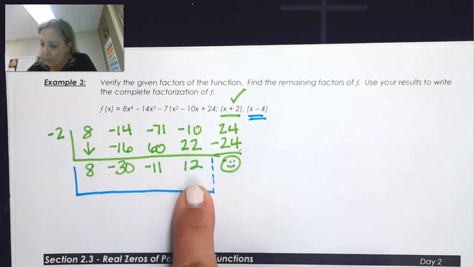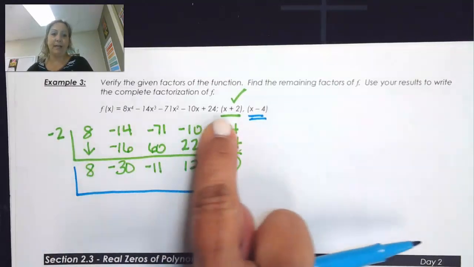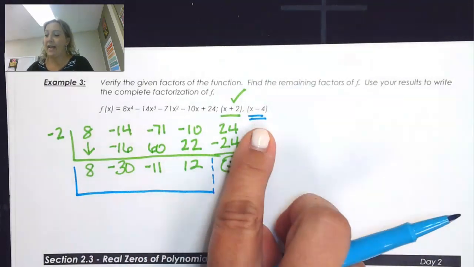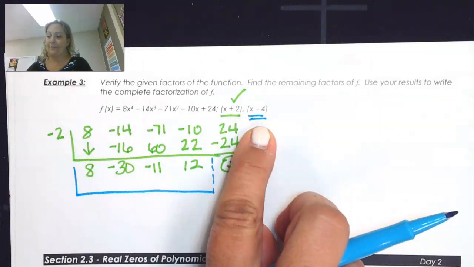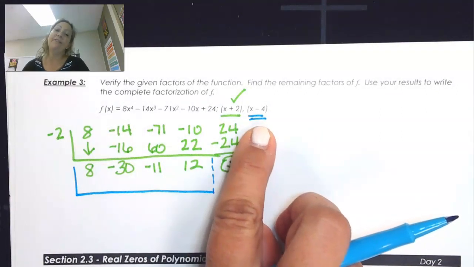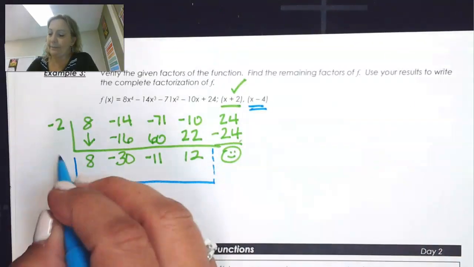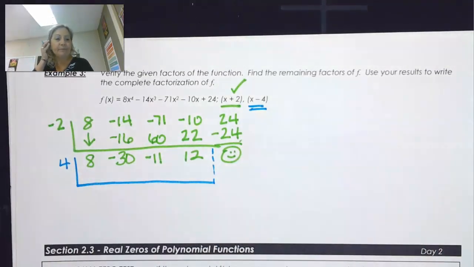So instead of going way back to the original polynomial, let's use the depressed polynomial to verify this next factor. Okay, so to verify that x minus 4 is a factor, that corresponds to x equals 4.